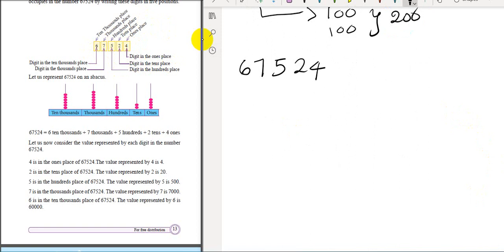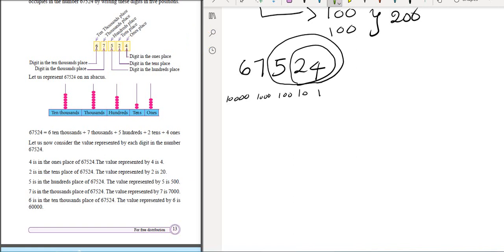This is ones, this is tens, hundreds, thousands, ten thousands. This is a one digit number, this is 2 digit, these are 3 digit, then 4 digit, and now 5 digits are there.